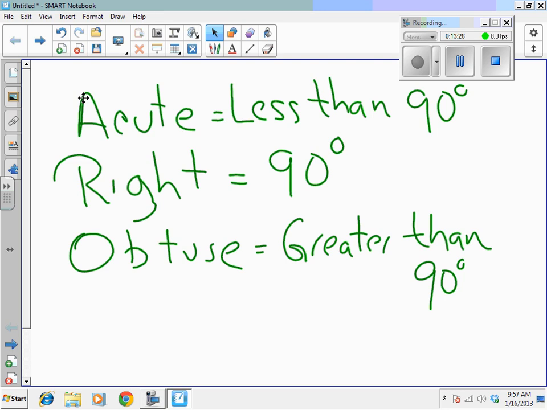You remember that, all right? An acute angle is less than 90 degrees. Not 90 degrees or lower. Less than 90 degrees. So an 89.5 degree angle is acute. A 90.25 degree angle is obtuse.